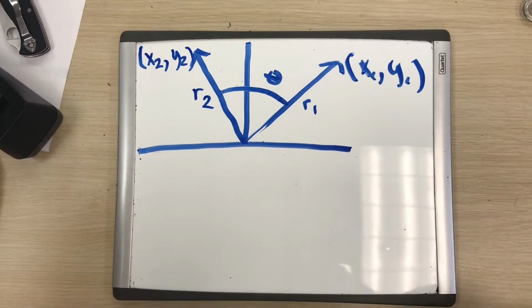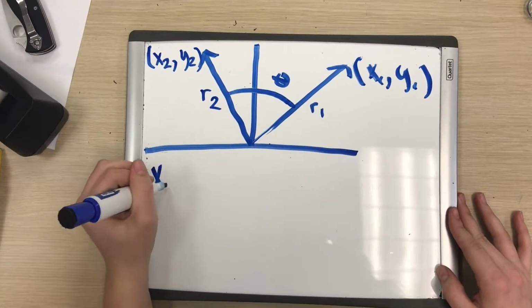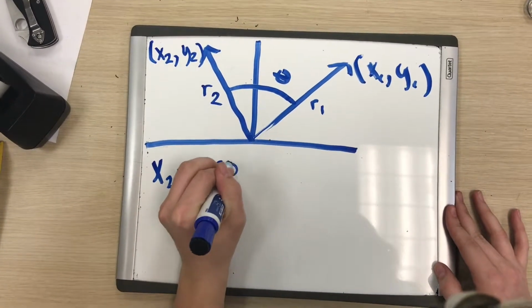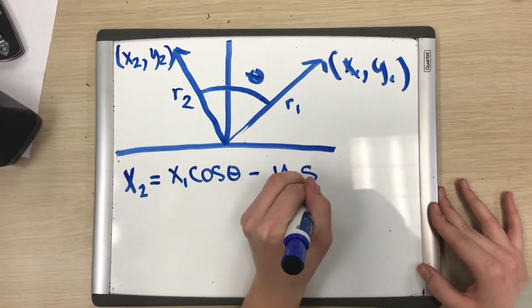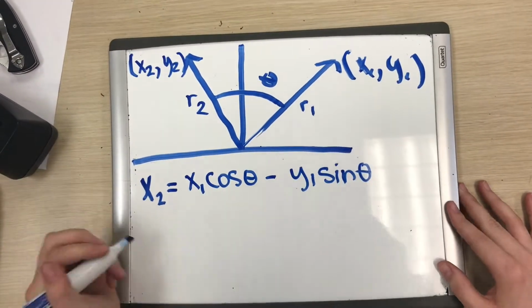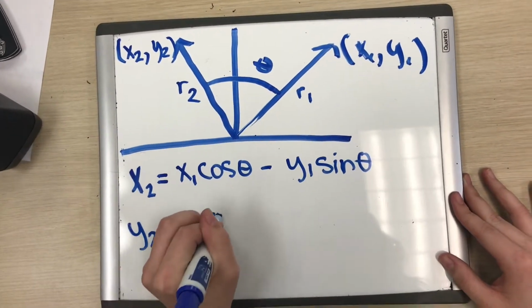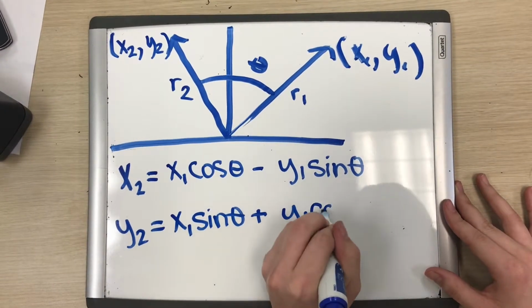And from these vectors, we can create the equation x2 equals x1 cosine theta minus y1 sine theta, and y2 equals x1 sine theta plus y1 cosine theta.